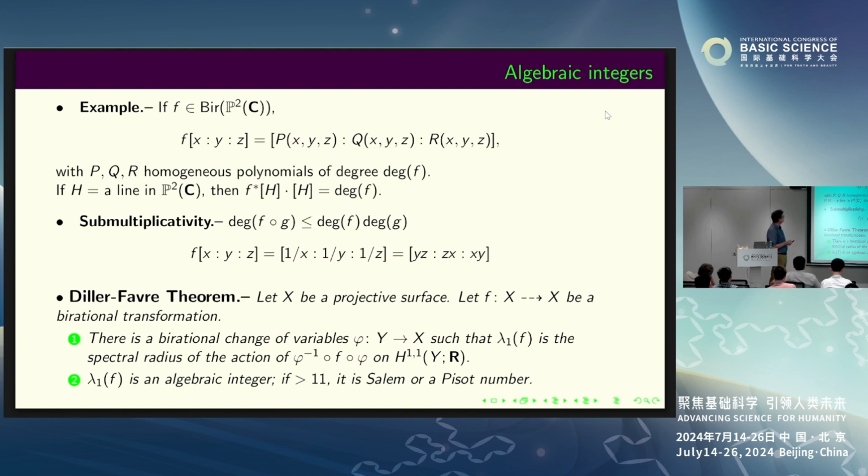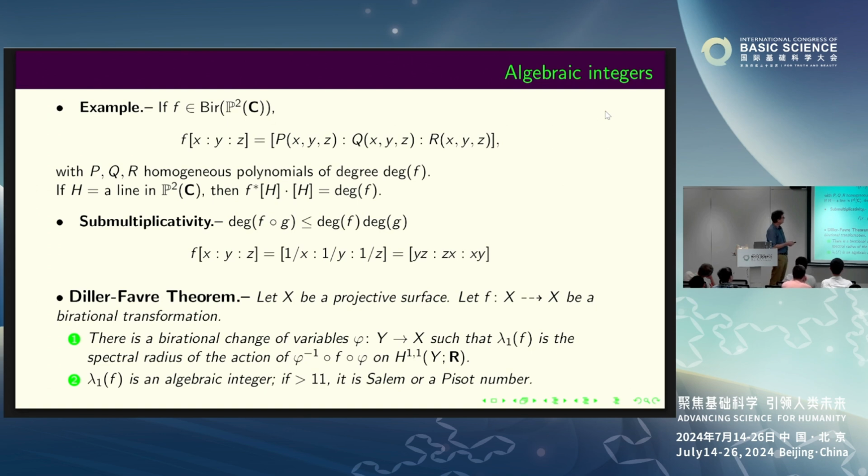If you take a line in P2, say the equation of the line is ax plus by plus cz equals 0, and you pull back the line, now the equation is ap plus bq plus cr equals 0. So it's an equation of a curve given by P, Q, and R, so it has degree of f.